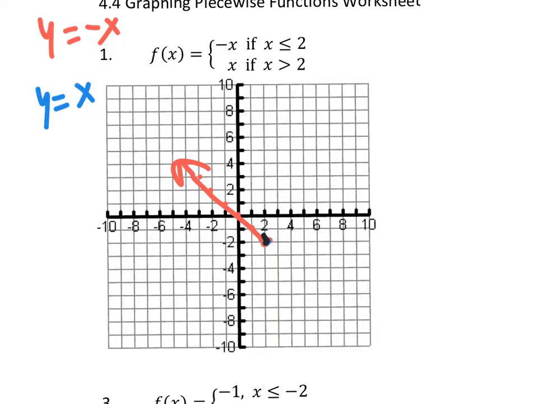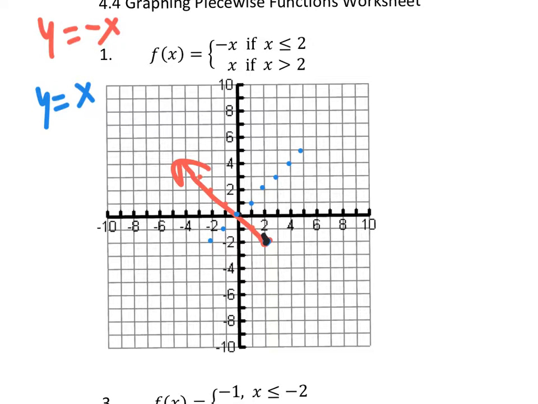Now let's go to the other one, the blue one. That one also crosses at 0, so put a dot at 0. And then from that point I want to go up 1 over 1, up 1 over 1, and keep going with that same pattern. Of course you could go backwards, but what about the domain of the blue one? What does the domain say up there? If x is greater than 2, right?